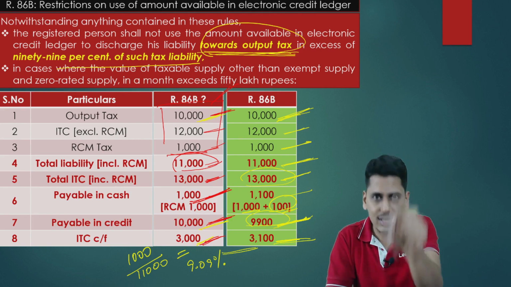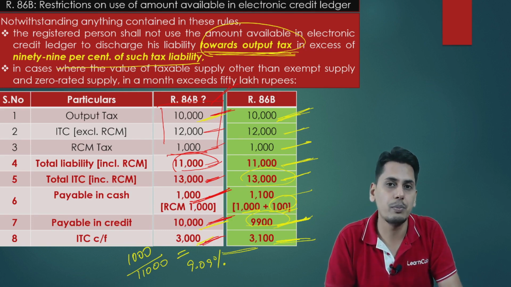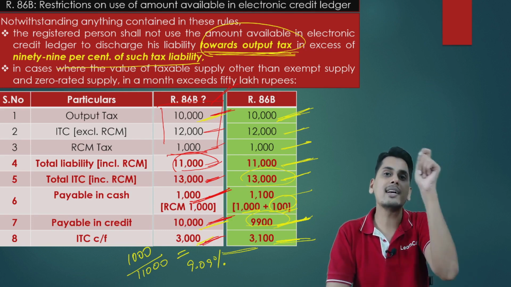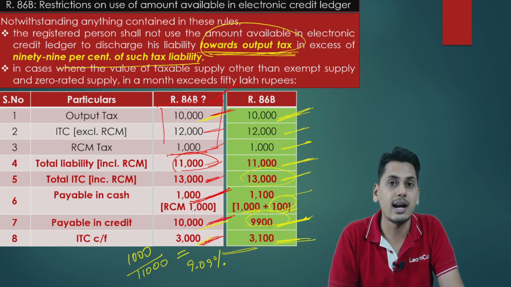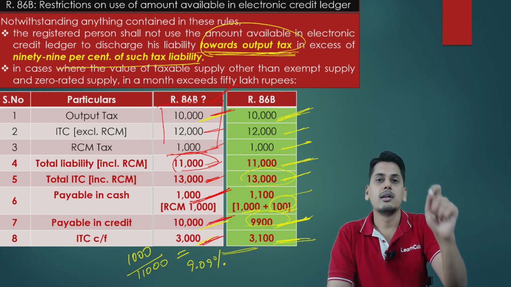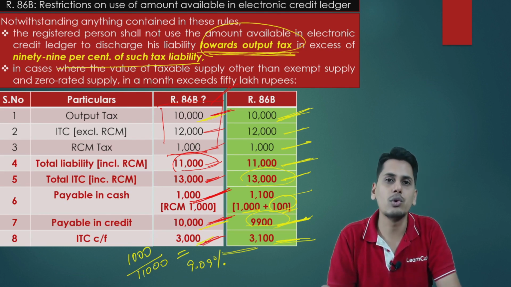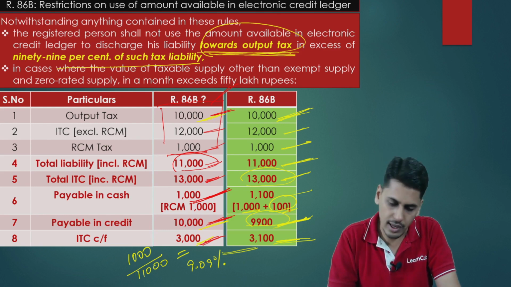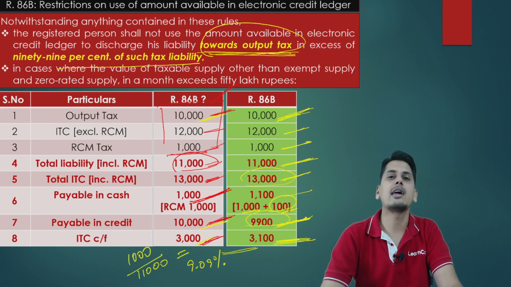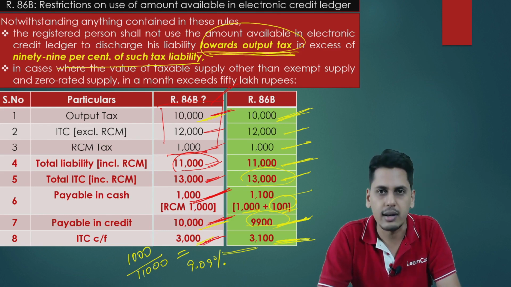The reason why we say it is additional cash which you have invested is because this 100 you are paying by virtue of rule 86B. So here you will have an ITC carry forward of 3,100.